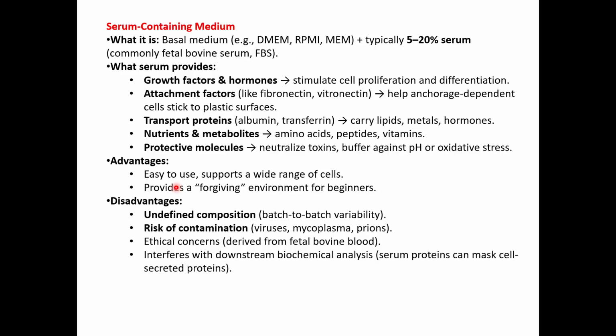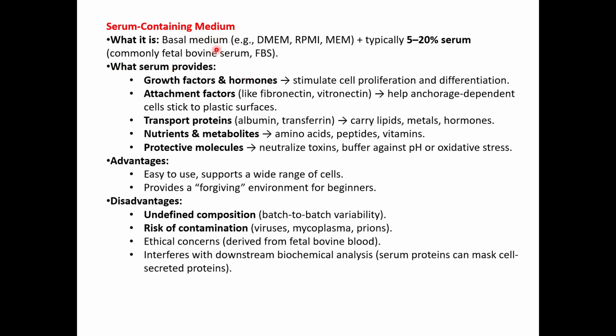We do not really know how much or what all the components present in a serum are. Unless you give proper physiological conditions to the cells, they will not mimic how they are represented in the body in your cell culture. For that reason, we have to add serum to the cells during their growth. So for proper healthy physiological growth of the cells, we add something called FBS, fetal bovine serum.